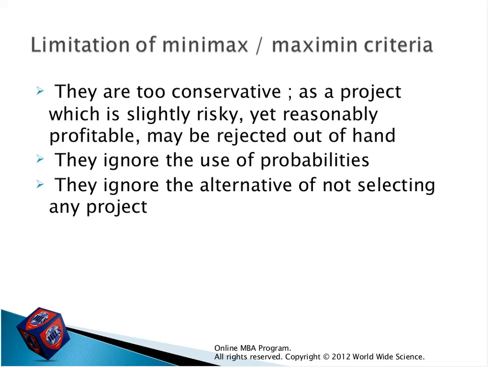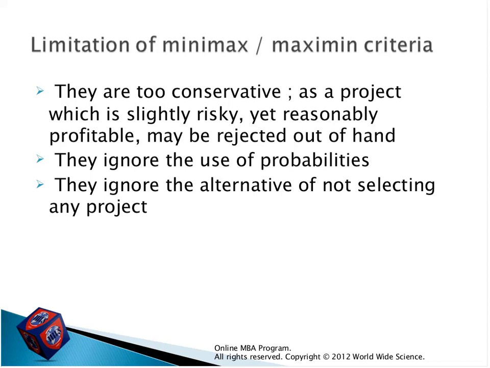As well, these criteria ignore the use of probabilities; we cannot work with probabilities among these two criteria. And they ignore the alternative of not selecting any project. You cannot use the Minimax and Maximin criteria in your company only, focusing on these two criteria to choose the best project.